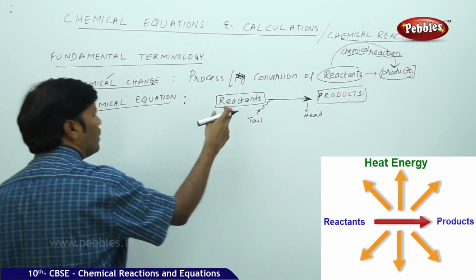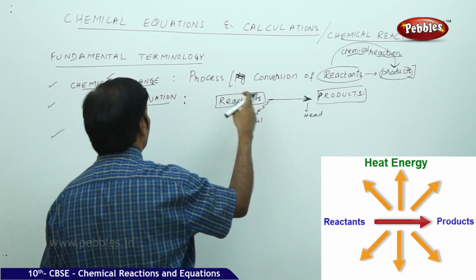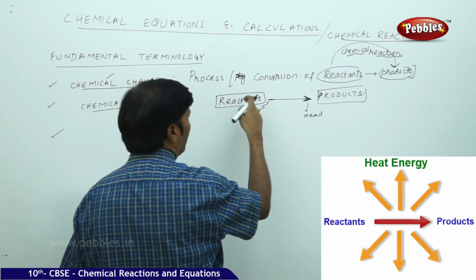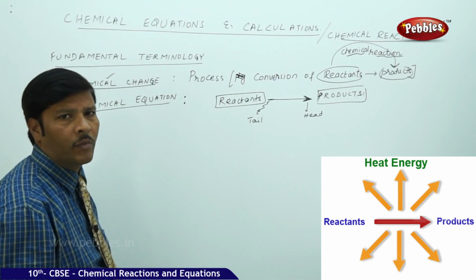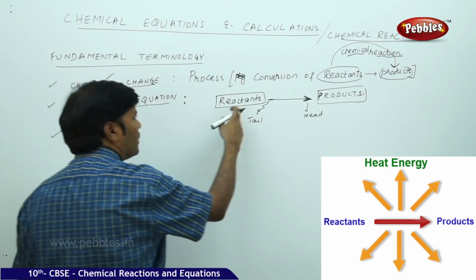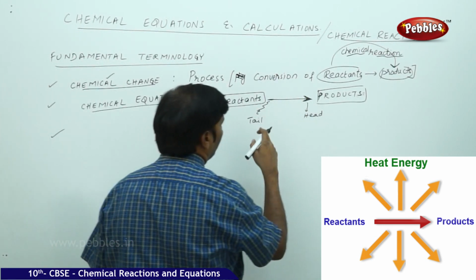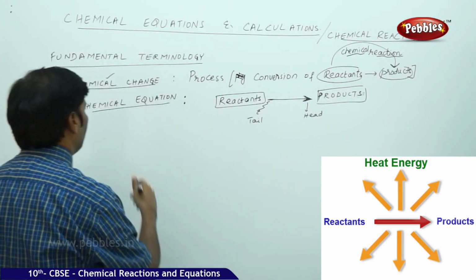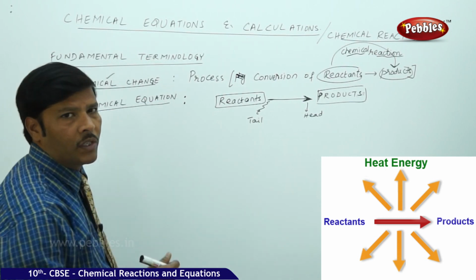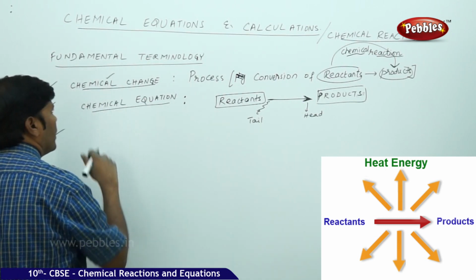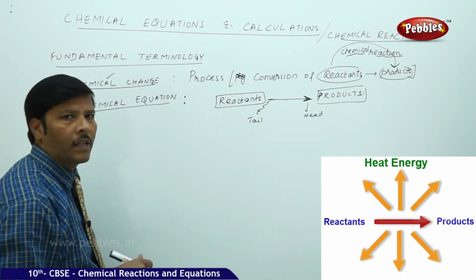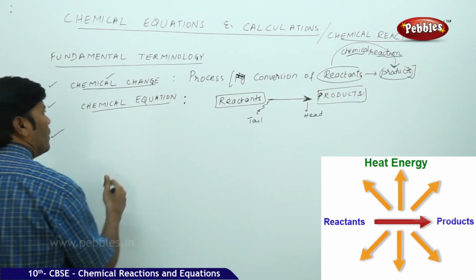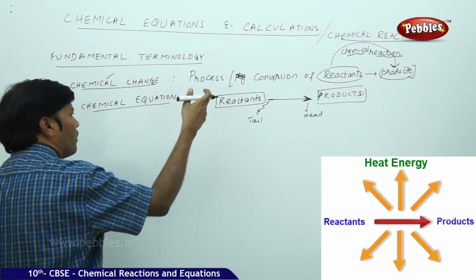So what is the information? A chemical equation is given by two components, reactants and products, separated by an arrow. An arrow is made up of head and tail. What information can we gather from the chemical equation? We can gather all the information from reactants to products.